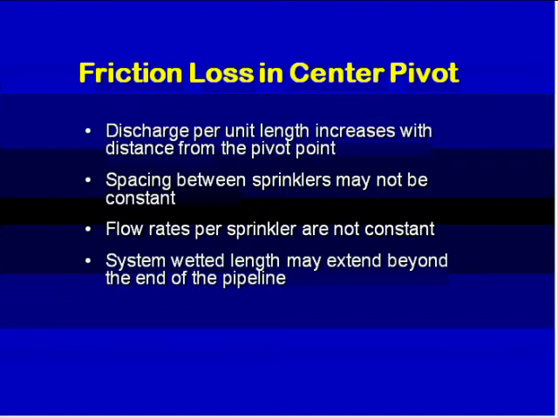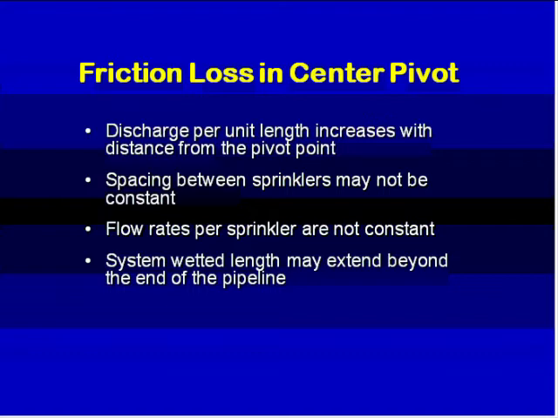The other part is that in many of our irrigation systems, the spacing between the sprinklers may or may not be a constant value. So we may not have a spacing of 9 feet 4 inches all the way out from the pivot point to the end gun. There may be some different spacings in there based upon the need to irrigate smaller areas towards the inside relative to the outside.